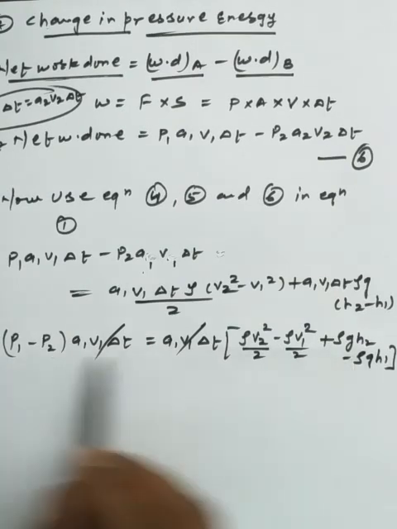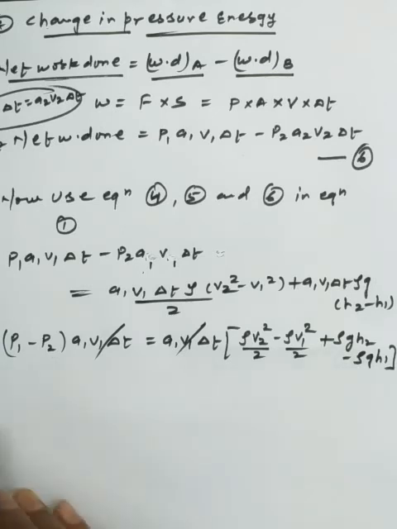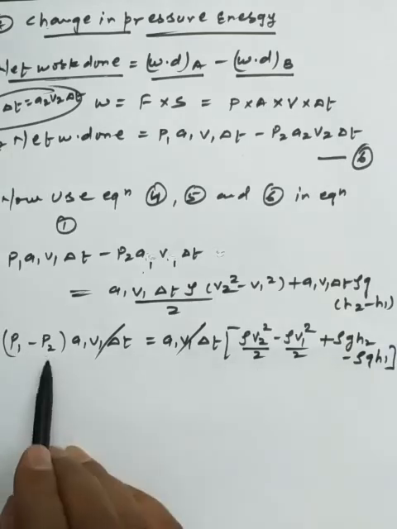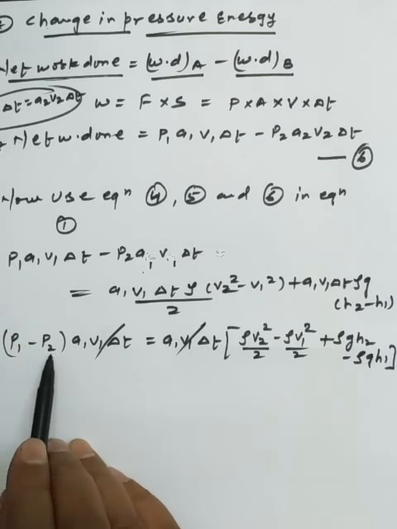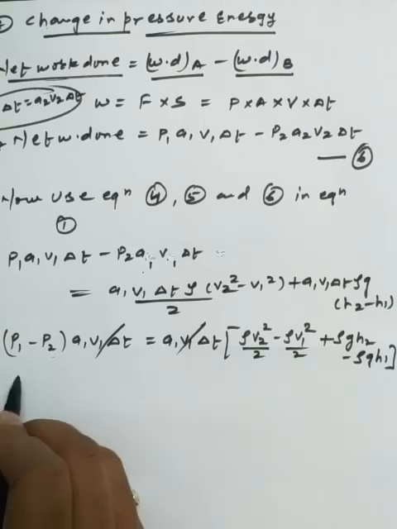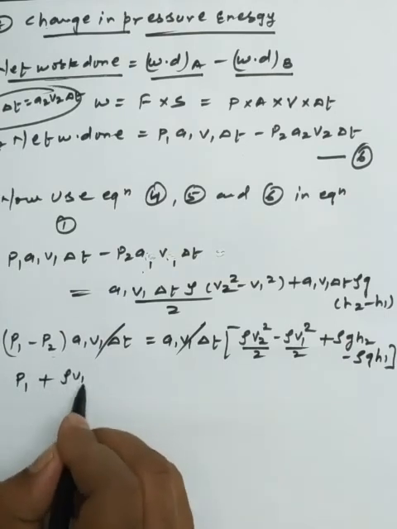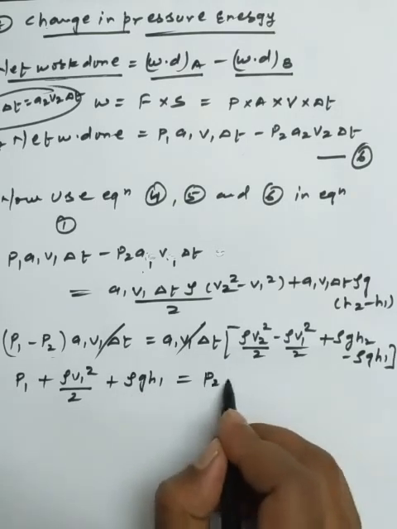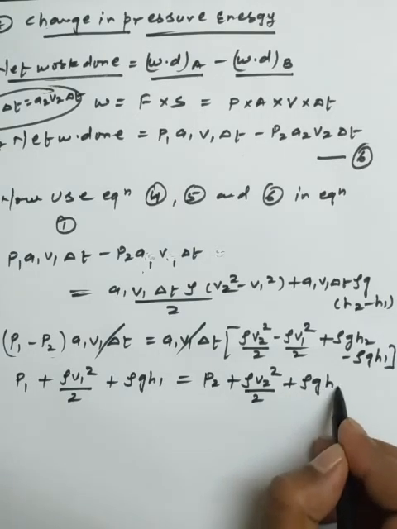I can write the terms that belong to portion A together, the term 1 regarding portion A, and the terms for all types of energy at portion B, with the subscript 2. So whenever I make the changes, it comes as P1 plus rho V1 square by 2 plus rho G H1 is equal to P2 plus rho V2 square by 2 plus rho G H2.